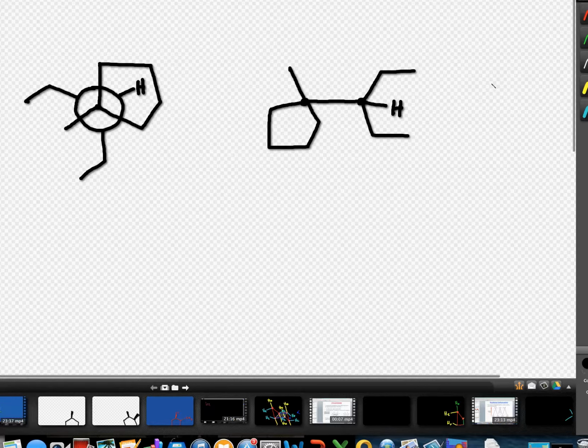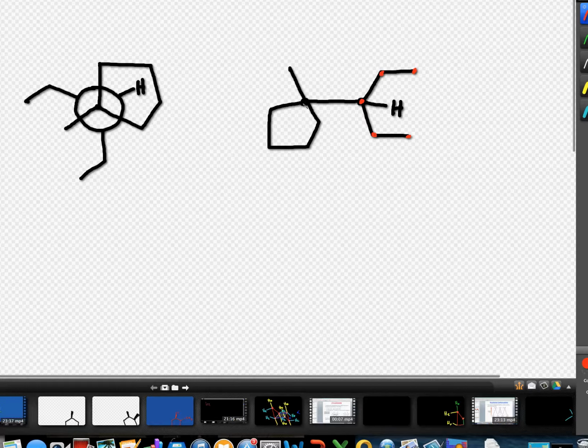In terms of the longest chain, I think there are a couple ways that we could do this. First, let's try to find our longest continuous carbon chain. 1, 2, 3, 4, 5 is one way that we could go.